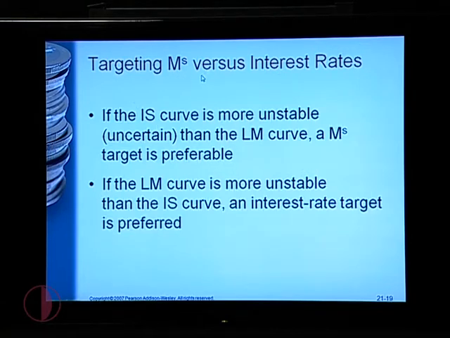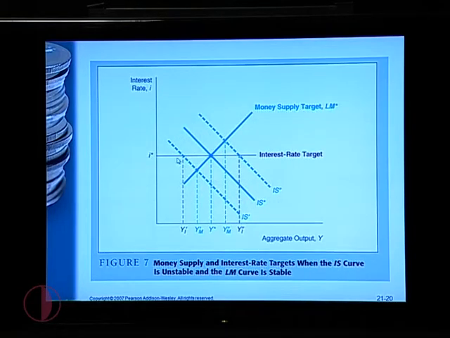Targeting money supply versus interest rate. If the IS curve is more unstable, more uncertain than the LM curve, a money supply target is preferable, while if the LM curve is more unstable than the IS curve, an interest rate target is preferable. As we can see here, the IS curve is more unstable than the LM curve.